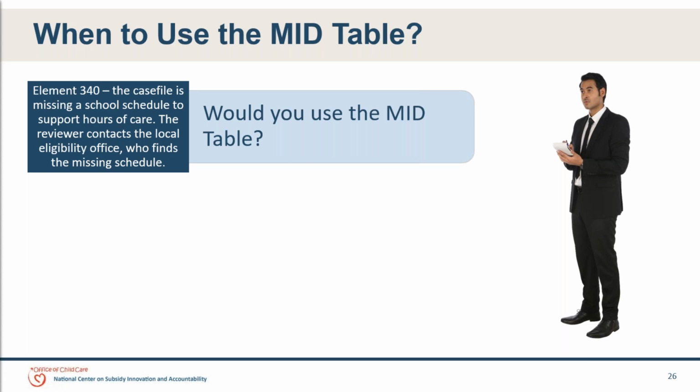The reviewer contacts the local eligibility office and they find the missing schedule. Should the mid table be used here? Okay. So we got a few saying yes and a few saying no.